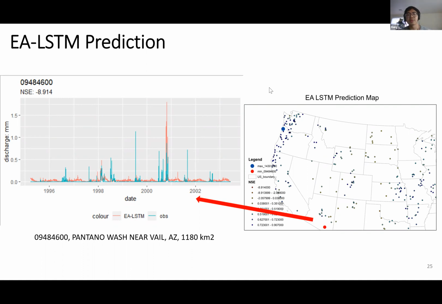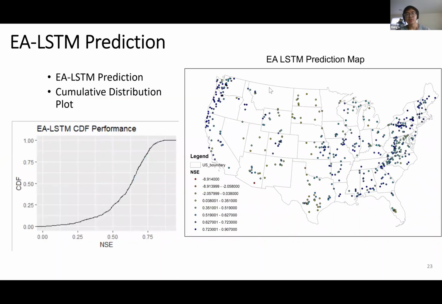So overall, this topic about EA-LSTM for tackling streamflow prediction is to give us an idea and a view of what progress has been made for streamflow prediction. There is increasing interest in implementing data science tools to tackle domain problems, and there has already been a lot of research on this.